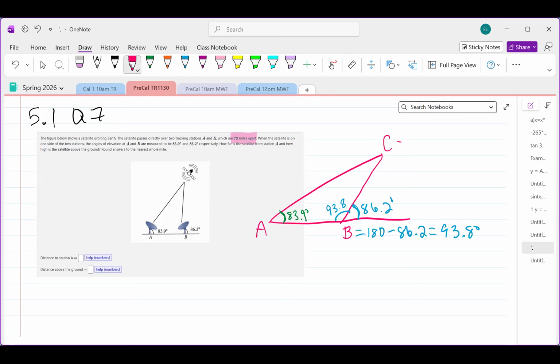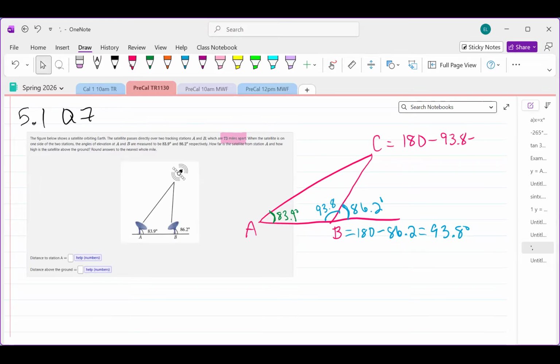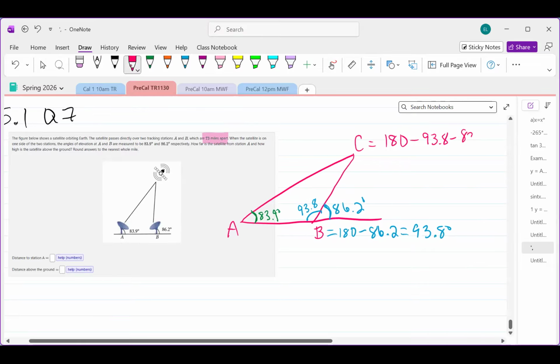And then up top, angle C is going to be 180 minus 93.8 minus 83.9. So angle C is 2.3 degrees. It is very, very tiny.